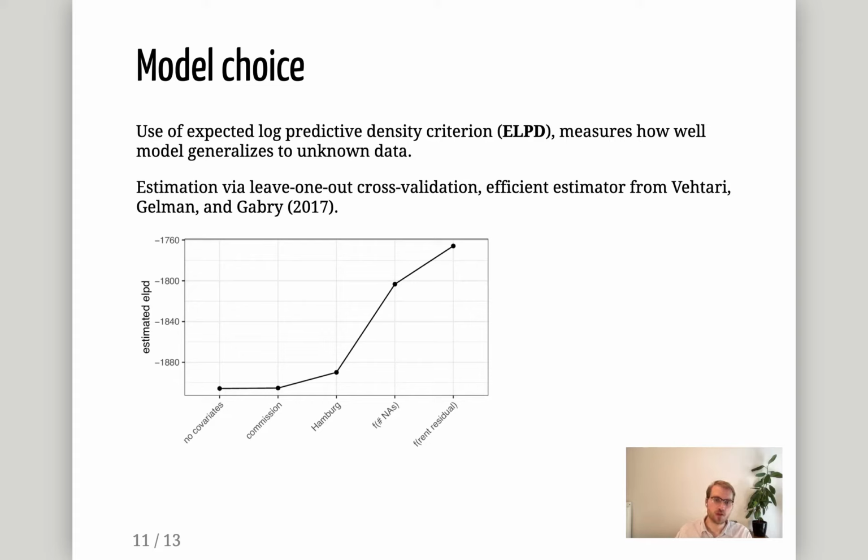This would of course be very slow if we did it directly, but there exists an efficient estimator which we use, where one does not actually have to perform the leave one out cross-validation. This again directly uses the likelihood as computed from the model, and again we have the general advantage that we have a closed form expression for the likelihood.